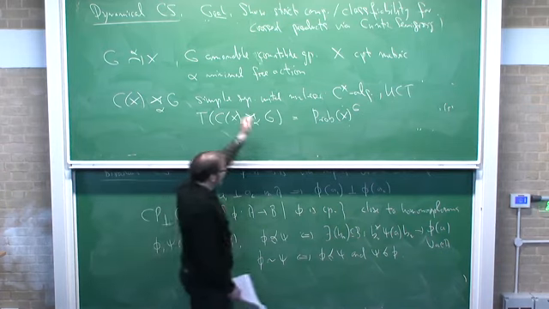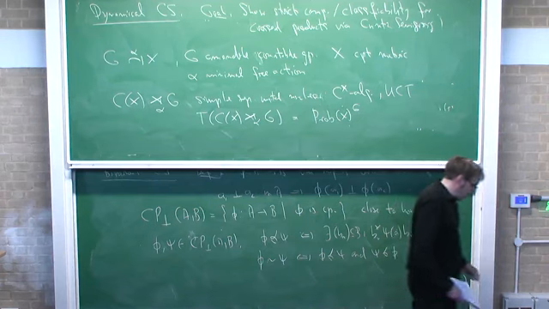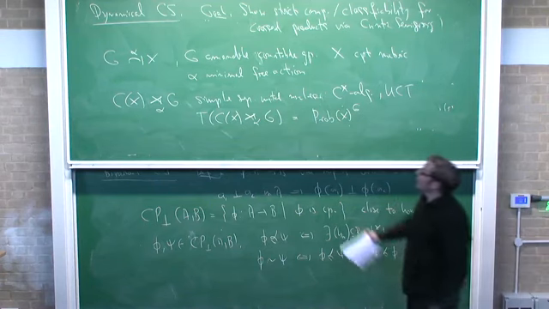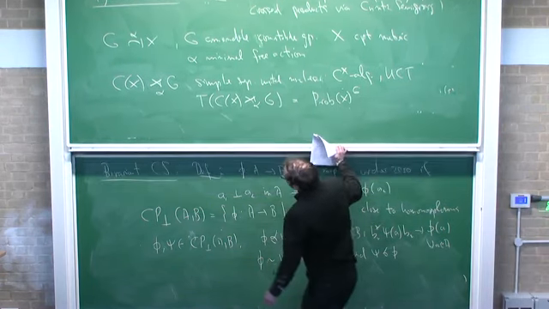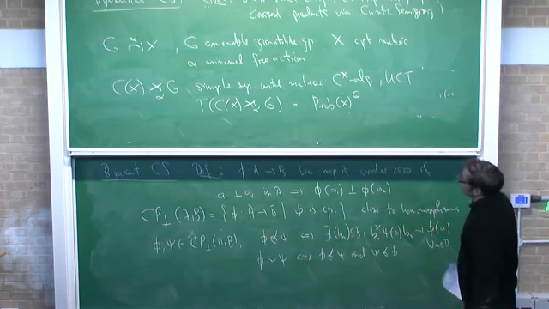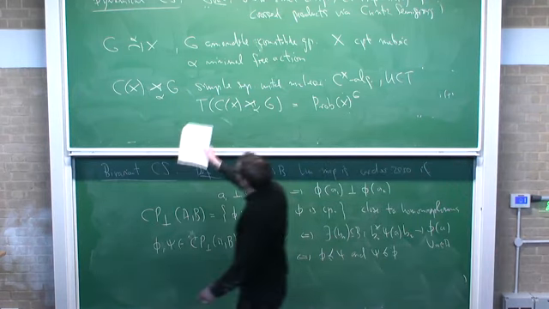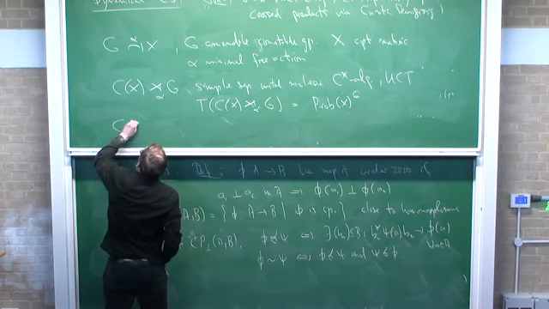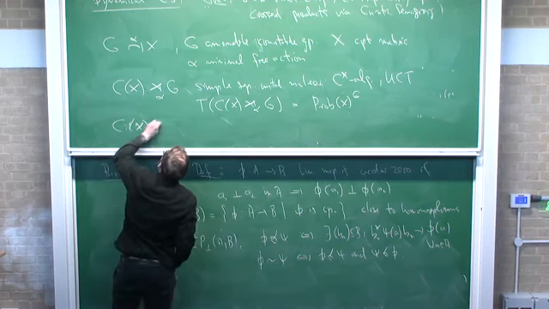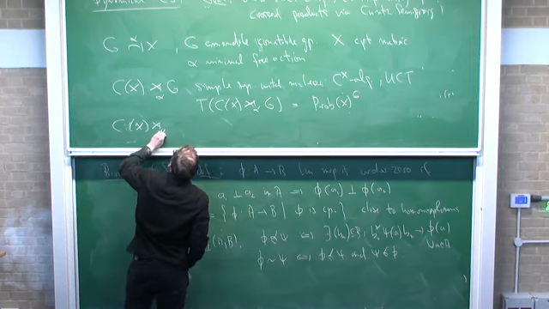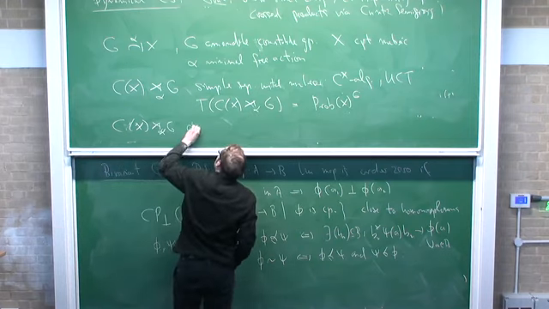Okay, so are these C-star algebras classifiable? Are they covered by the results in the classification theory? Then we need to show classifiability. So is C(X) cross G classifiable?